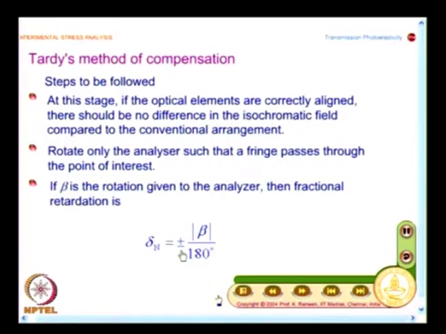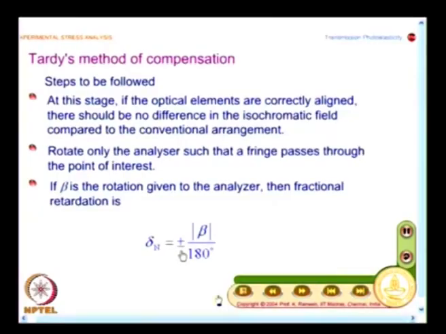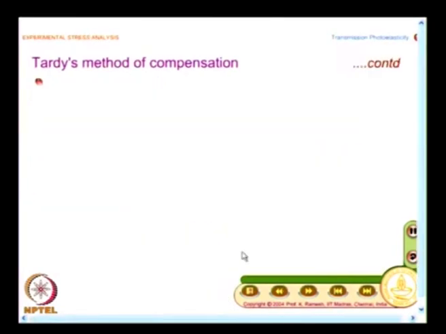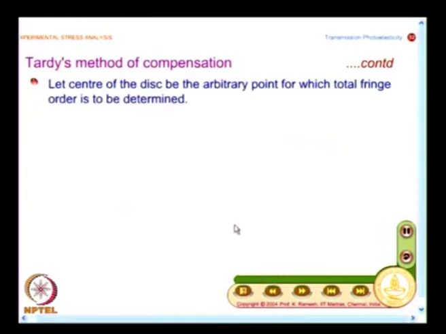Sign does not come from your mathematical analysis, sign comes from your observation whether the higher fringe order comes and occupies the point of interest or a lower fringe order moves and occupies the point of interest. And I have also cautioned, whatever I do in a compensation technique, it pertains to the point of interest from the point of view of data interpretation. That will become more clear when you look at Tardy method of compensation.